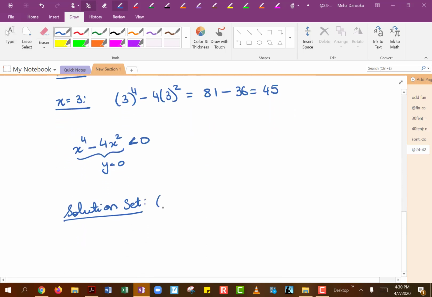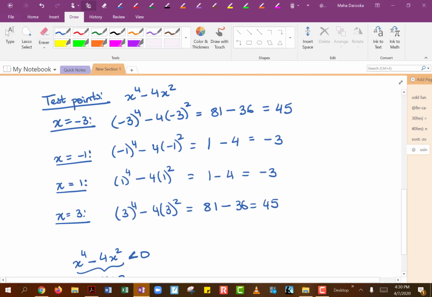Okay, so this will be -2 to 0 union 0 to 2. Again, if they had told you it is less than or equal to 0, then your answer would have been different. But when they just say less than 0, this is how you write your solution set. Okay?